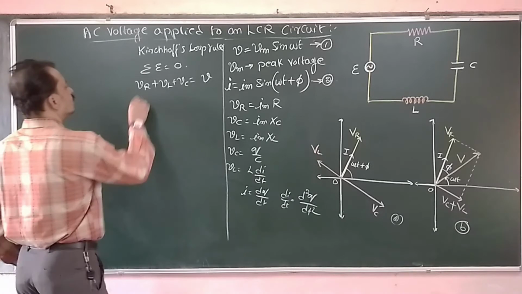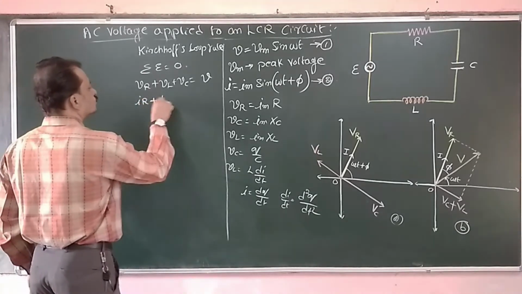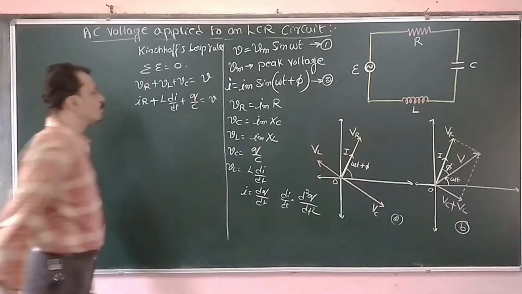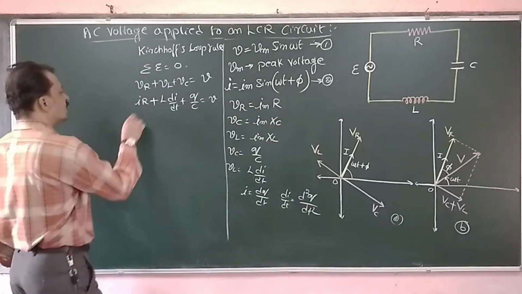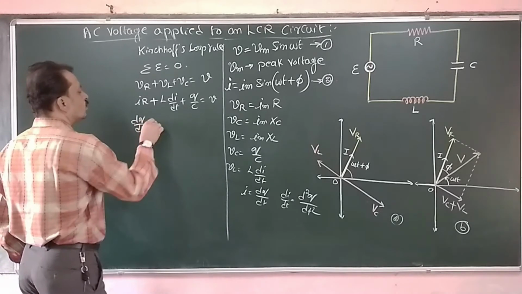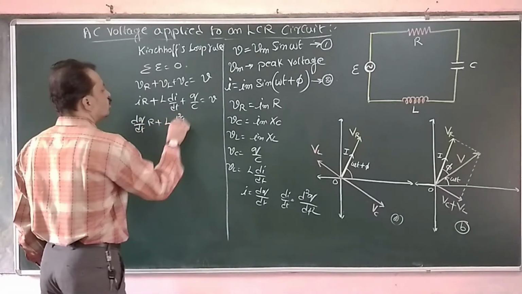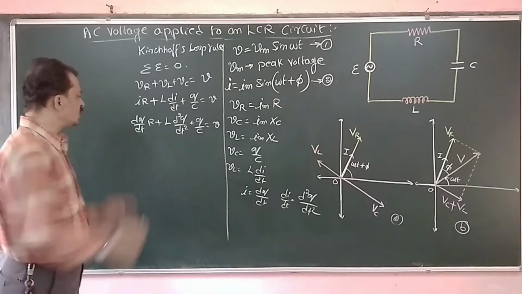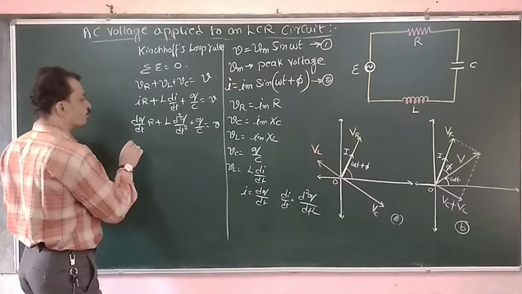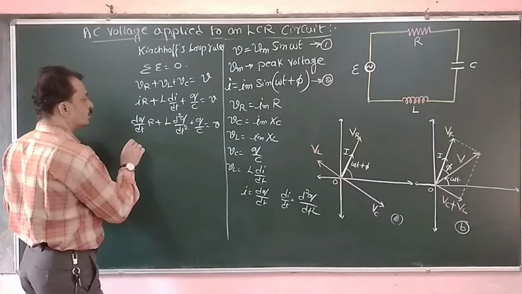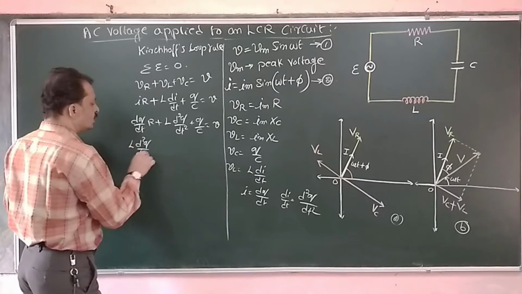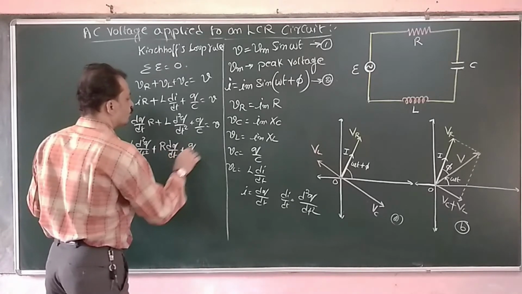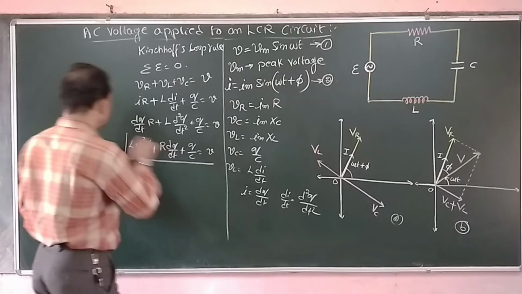That is I into R plus L into di by dt plus Q by C is equal to V. Substituting and rearranging: L into d2q by dt square plus R into dq by dt plus Q by C is equal to the applied voltage.